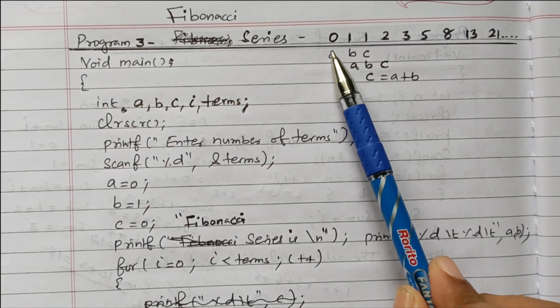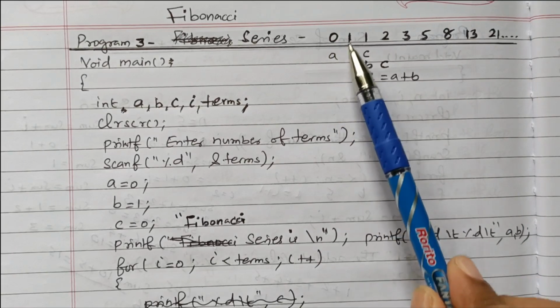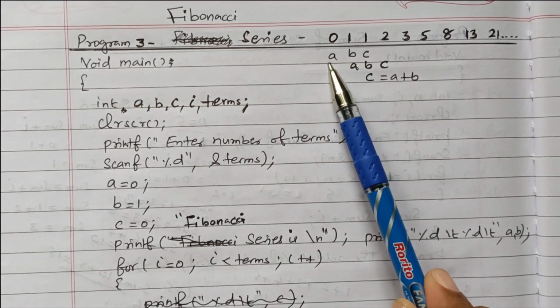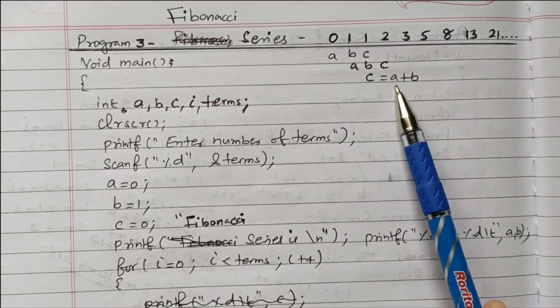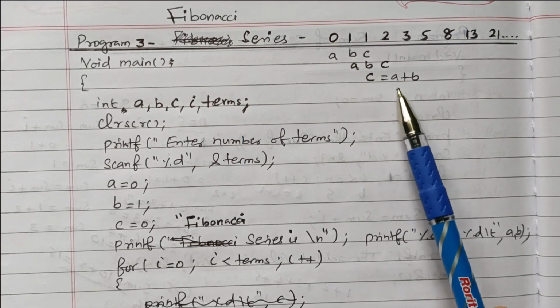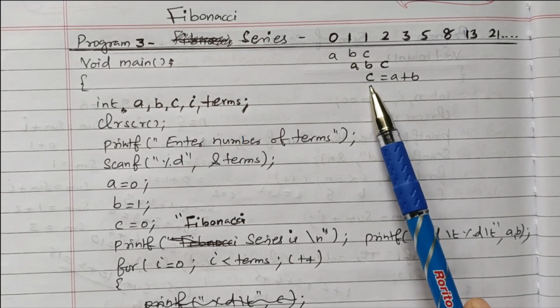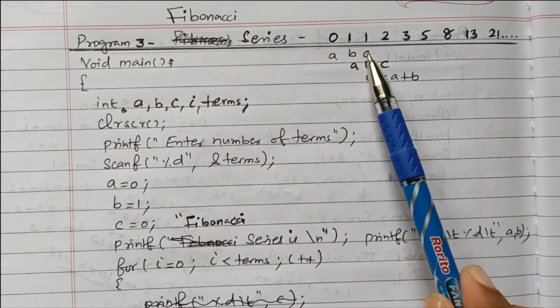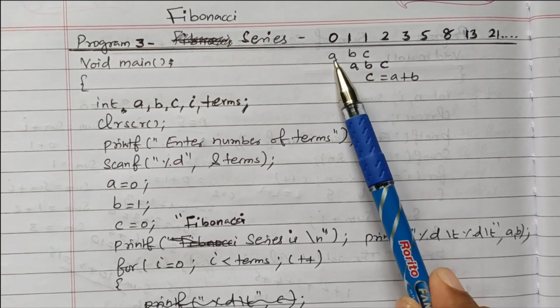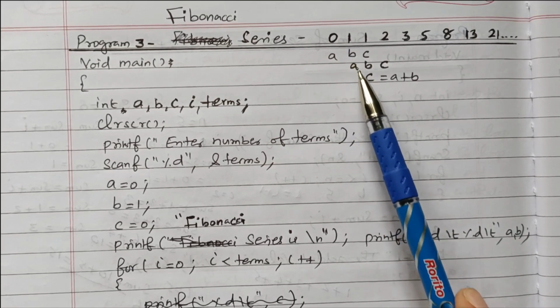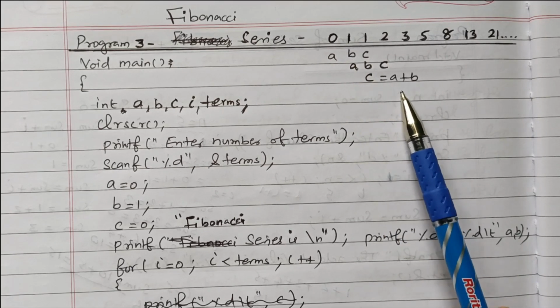So let us consider A equal to 0, B equal to 1. What is C? C is A plus B, the sum of the previous two numbers. So A is 0, B equal to 1, C means A plus B.